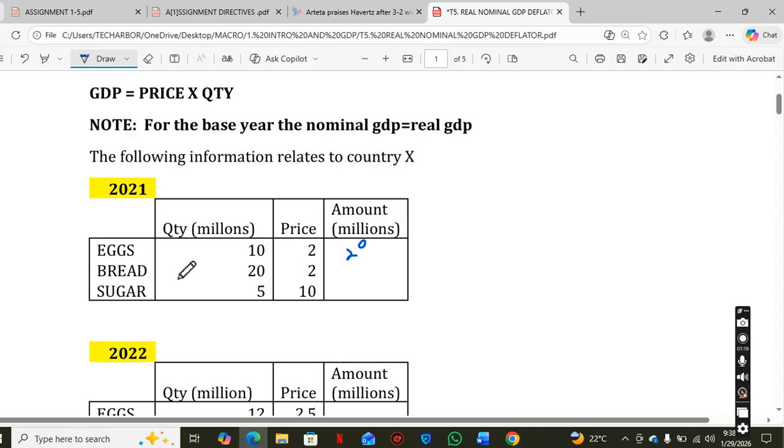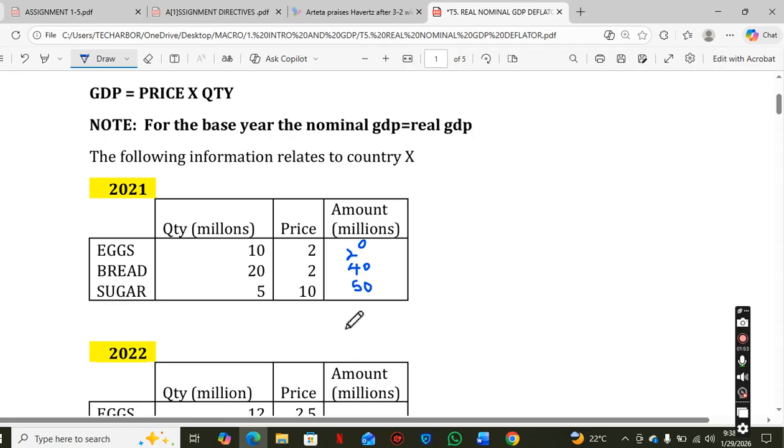Right, bread 20 million loaves or whatever the quantity is, multiplied by the price, 20 times 2, you're going to get 40 million. Sugar quantity 5 million, this can be tons, kgs, the price 10 kwacha, so 10 times 5, 50 million.